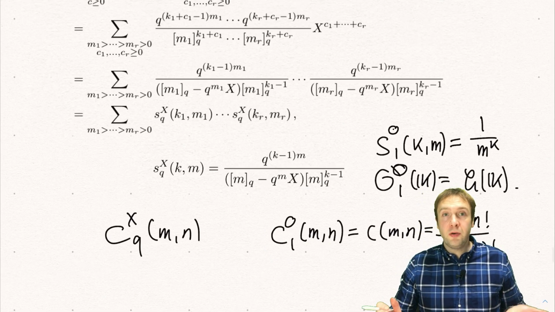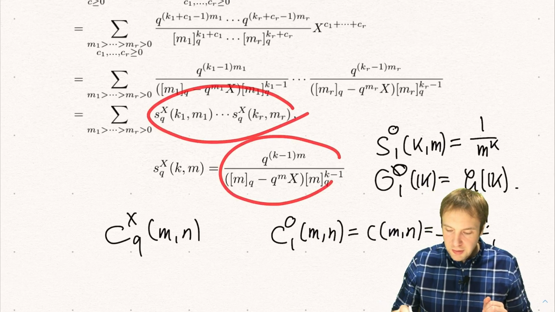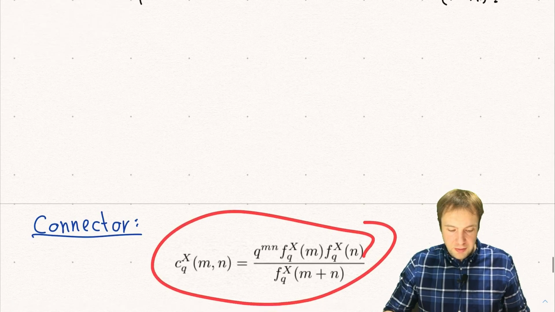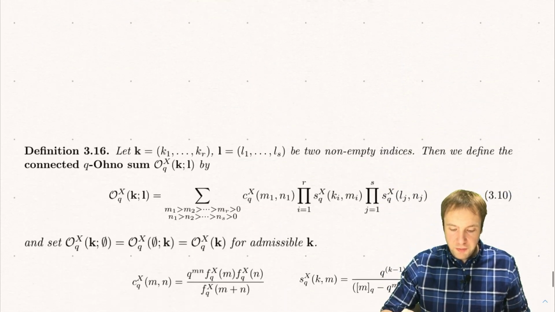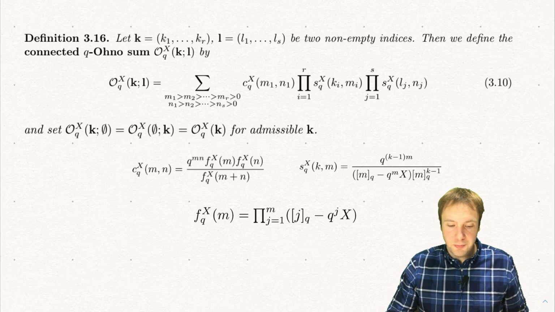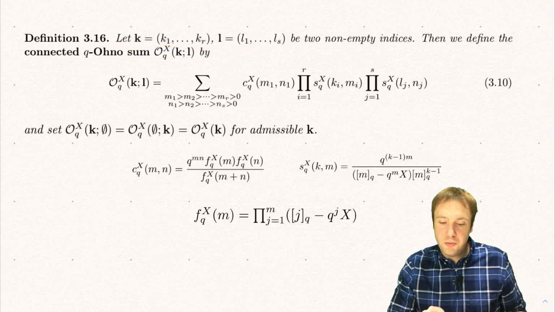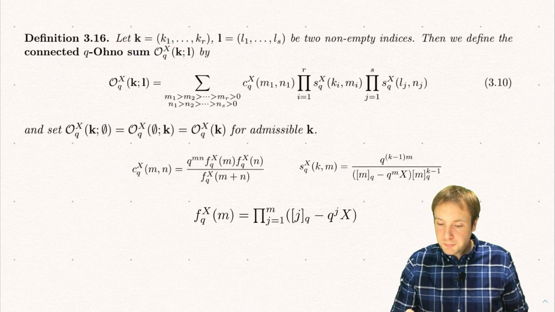Okay, so now we have all ingredients to cook our connected sum. We have somehow the summands here, and we have the connector. So it's now straightforward to define what we mean by our connected sum we want to use. So let K and L be, again, two non-empty indices.